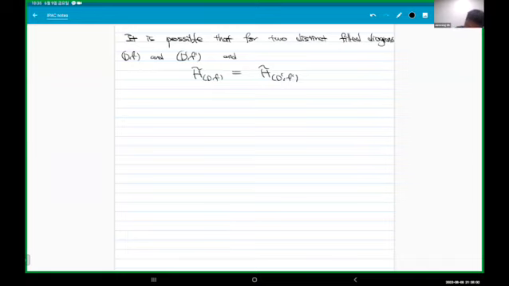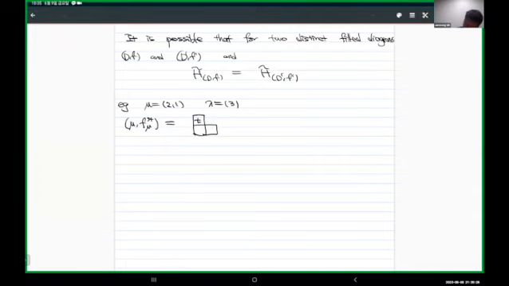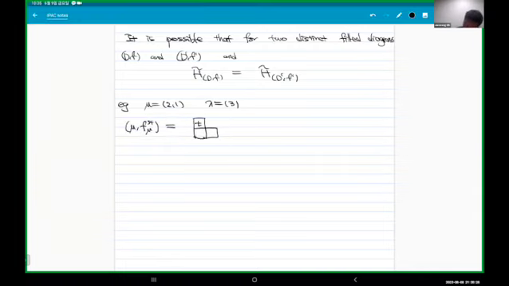So mu is 2, 1, lambda is 3. So mu and the standard statistic gives this filled diagram. Q to the minus arm and T to the leg plus 1 is T. And lambda with F lambda standard is this one.